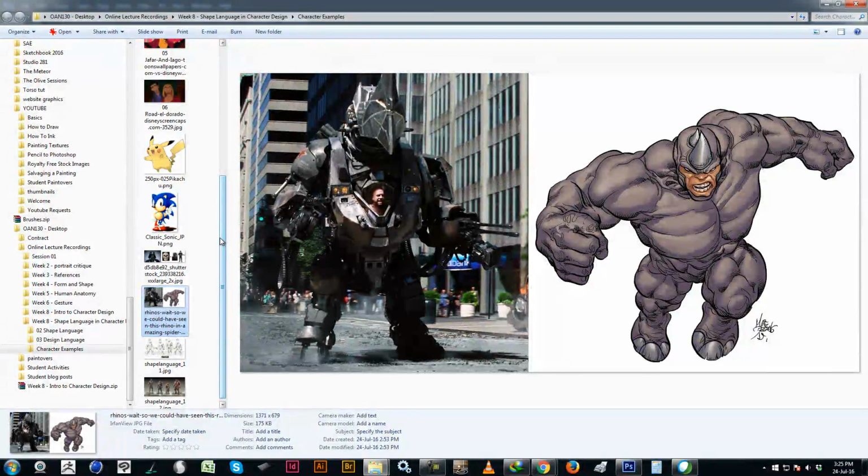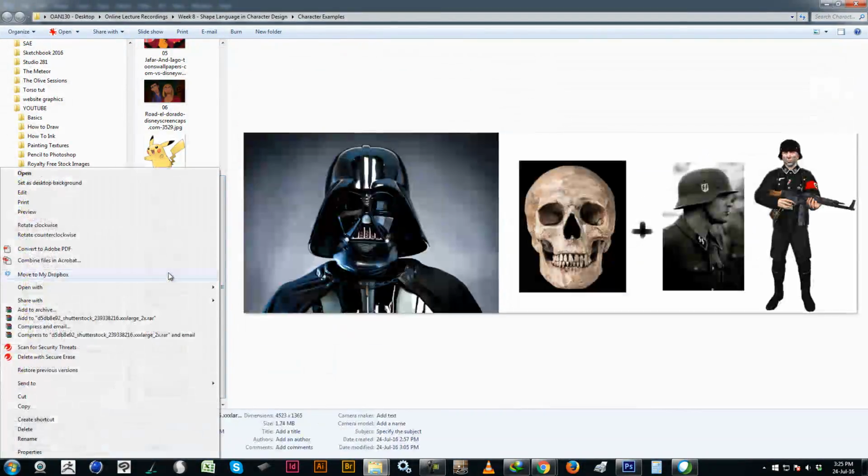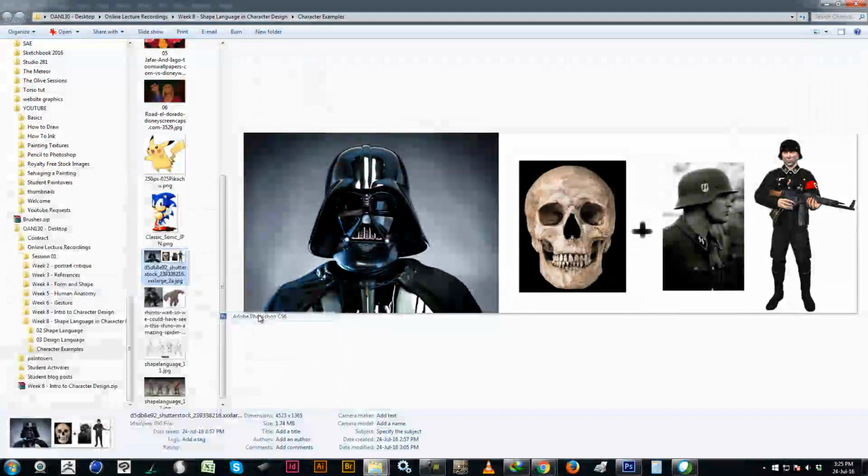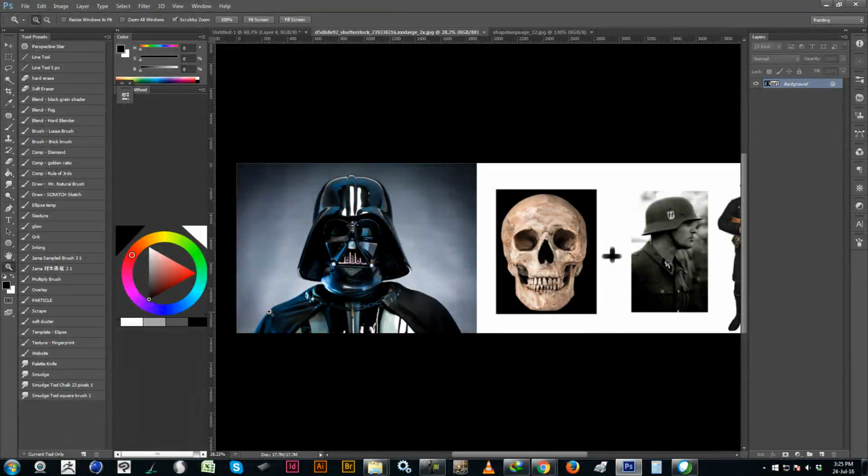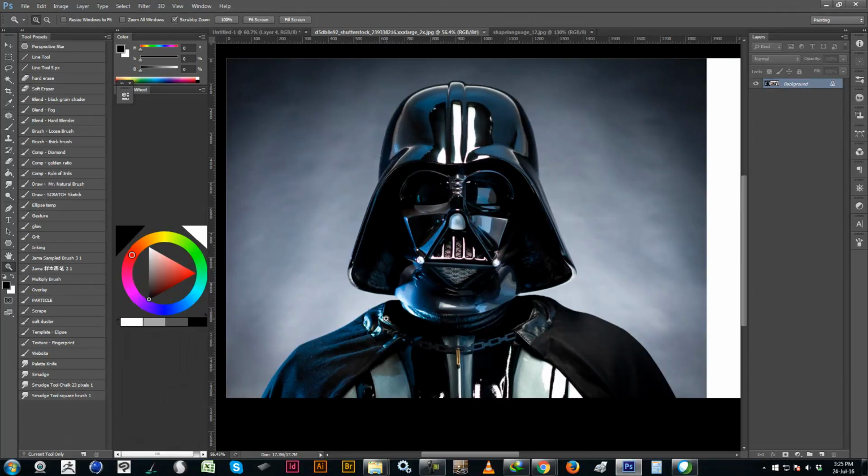Maybe I'll talk on that another time, but I'll just give you a quick explanation. When you think of Darth Vader, the big bad villain from Star Wars, it's not so much shapes that are being used, but imagery. It's combining imagery for the character design.